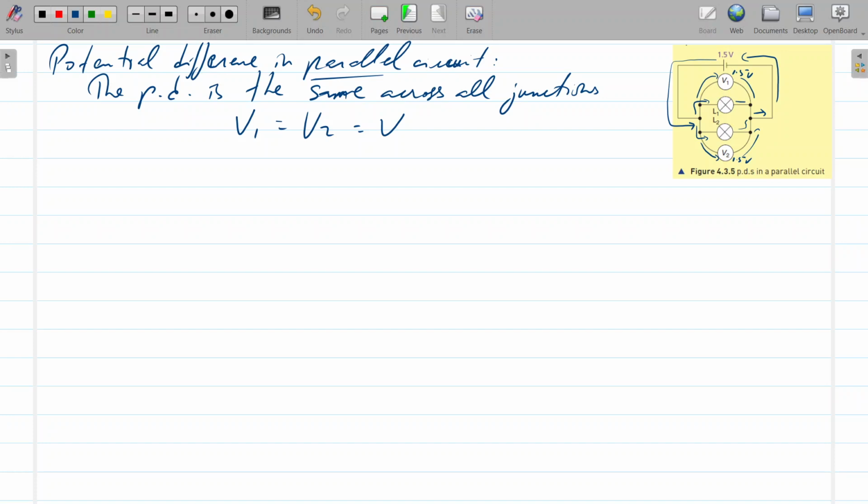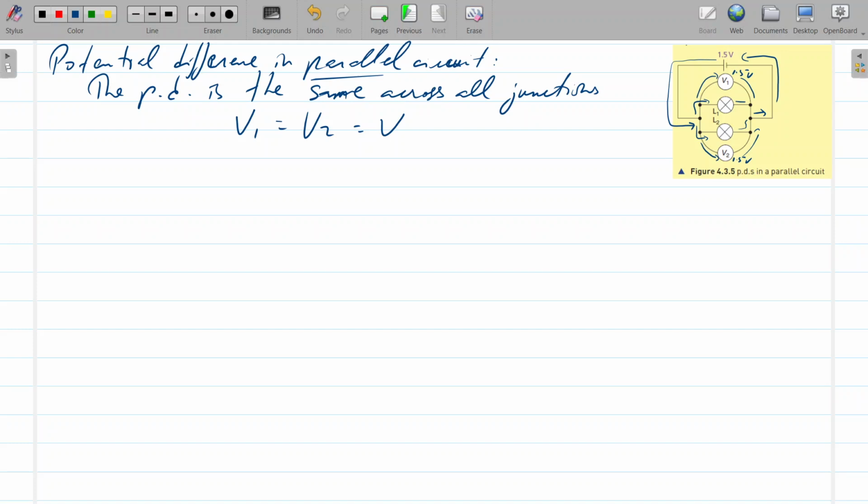It's going to be the same across all junctions. So that's simple. If you've got a parallel circuit and they ask you what's the potential difference across each junction, or this particular component, it is the same as the supply coming in. So that's simple enough.